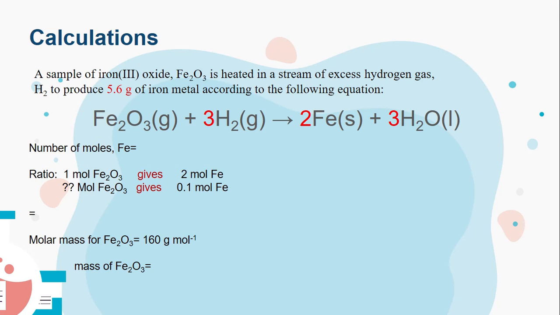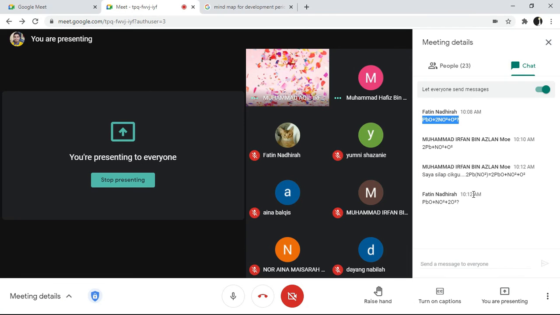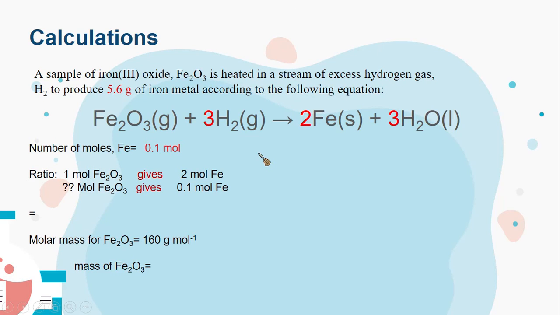Then how many do you get? 0.1. Okay, 0.1 mole. Nice. Now we already have 0.1 mole of iron.